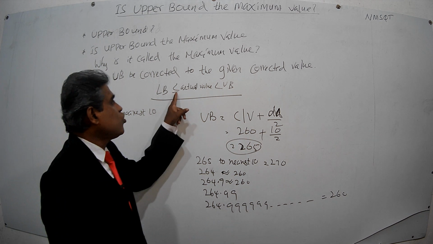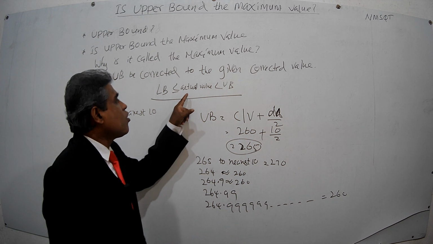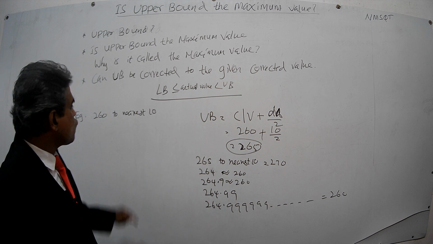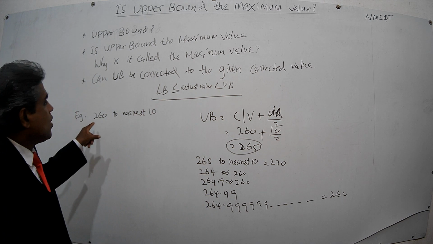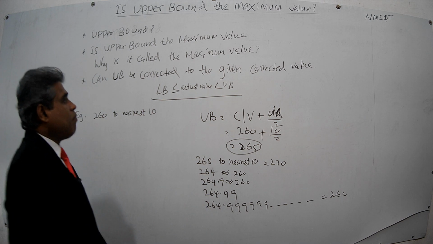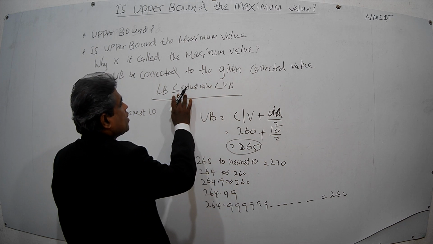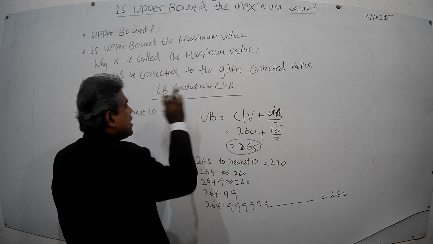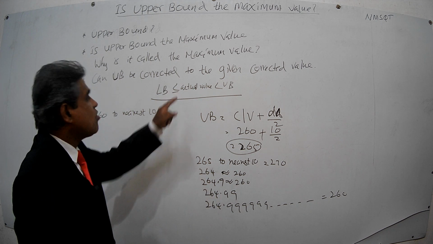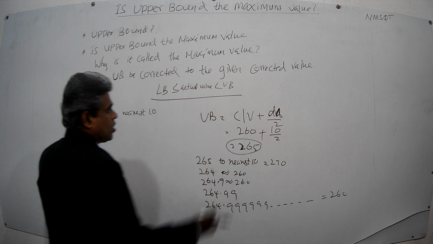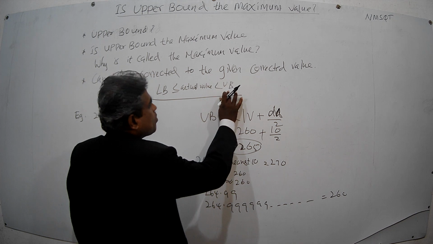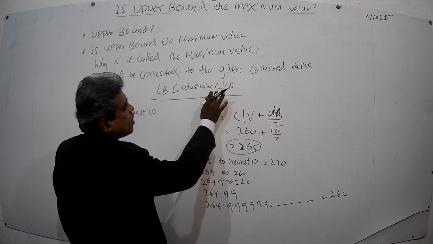The lower bound is one of the numbers that can be rounded to the given corrected value, that's why less than or equal has been put. But with the upper bound we have put only less than.